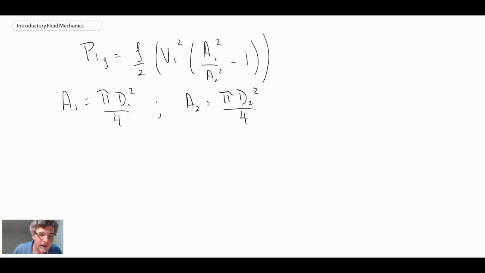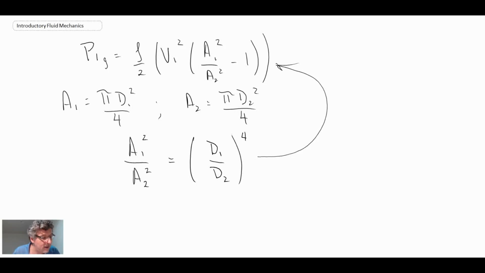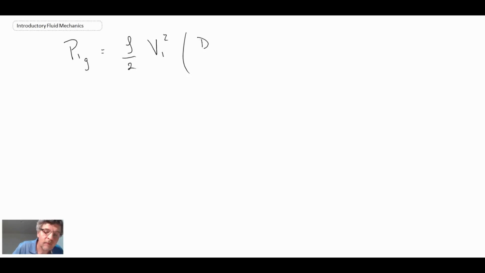We get that, and as a result, the ratio of A1 squared to A2 squared is then equal to, the pi and the 4 are going to cancel. We'll get D1 over D2, that's squared and squared, so that is raised to the power 4. So what we're going to do, let's take this and plug it into that equation. Okay, so we get this equation.